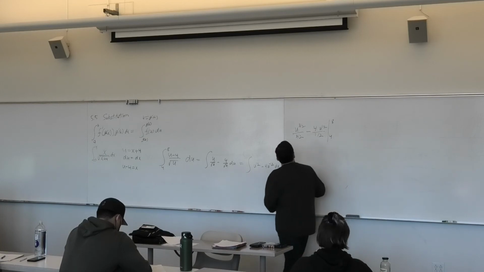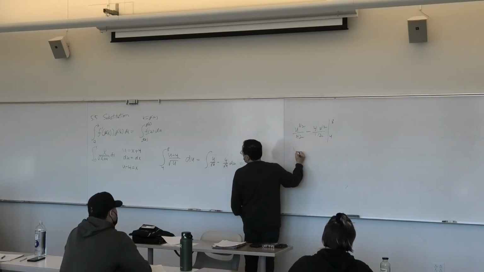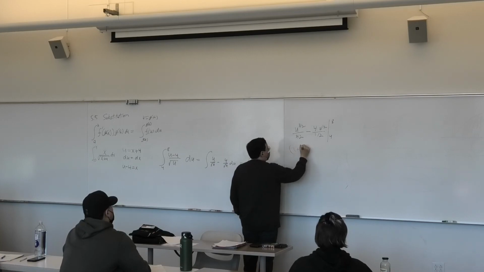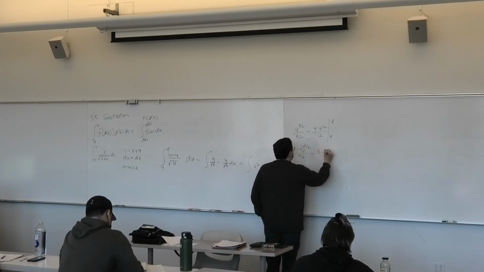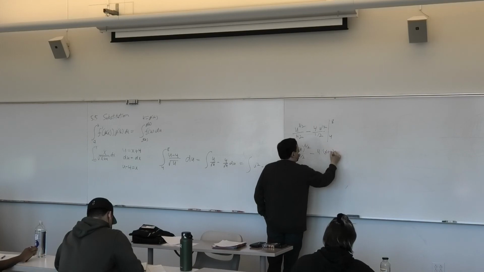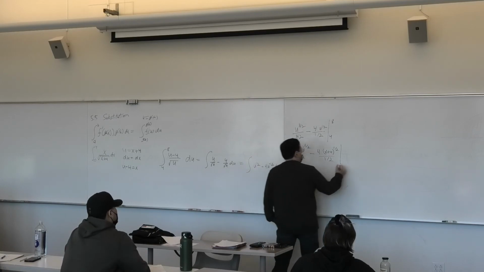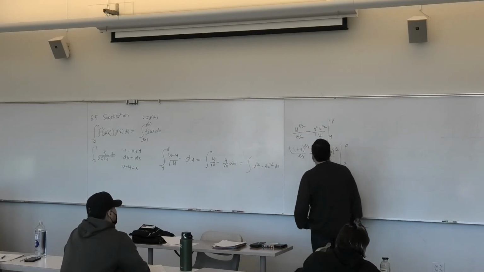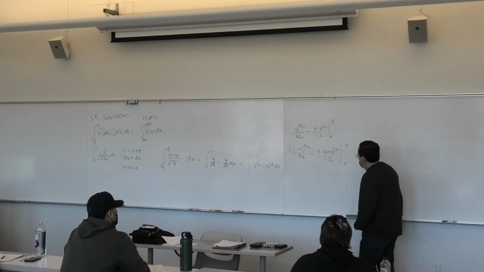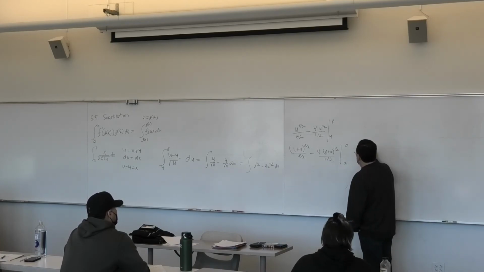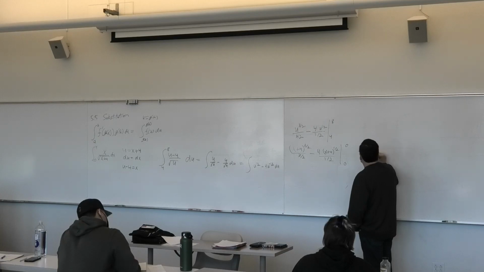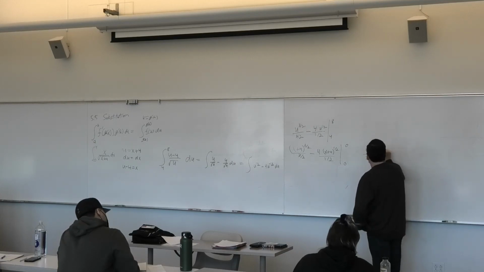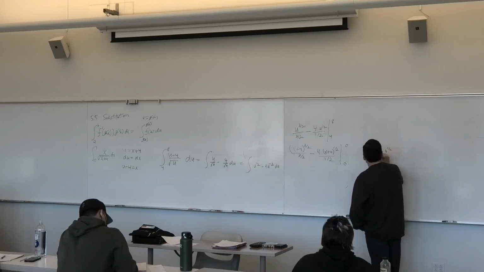Maybe I should convert this back to x. It's x plus 4 to the 3/2 over 3/2 minus 4 times x plus 4 to the 1/2 over 1/2, and the original limit 0. So we get 4 to the 3/2 over 3/2 minus 4 times 4 to the 1/2. I can handle that.